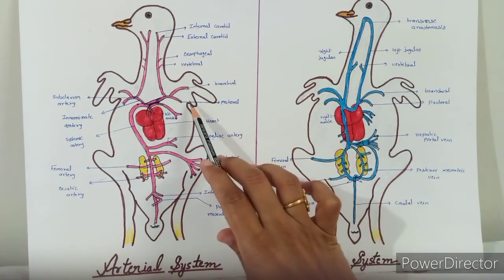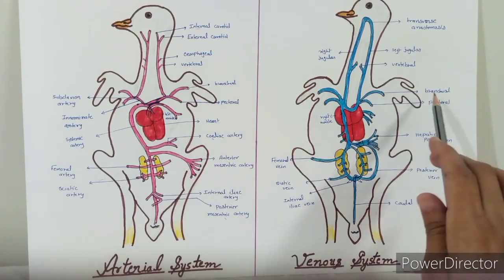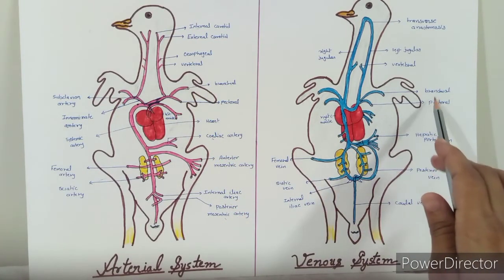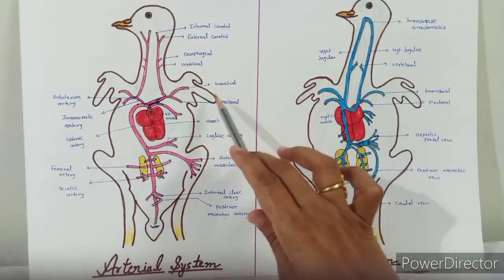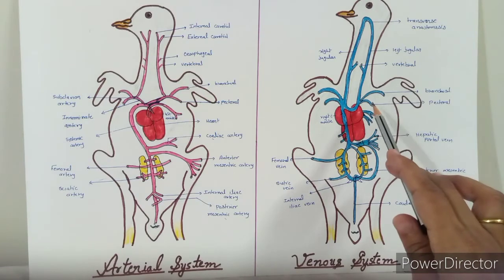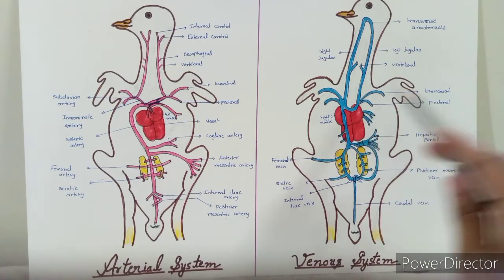As in the arterial system, brachial and pectoral, the same in the venous system, brachial and pectoral. They both collect and supply blood. So this is all about the precaval vein.